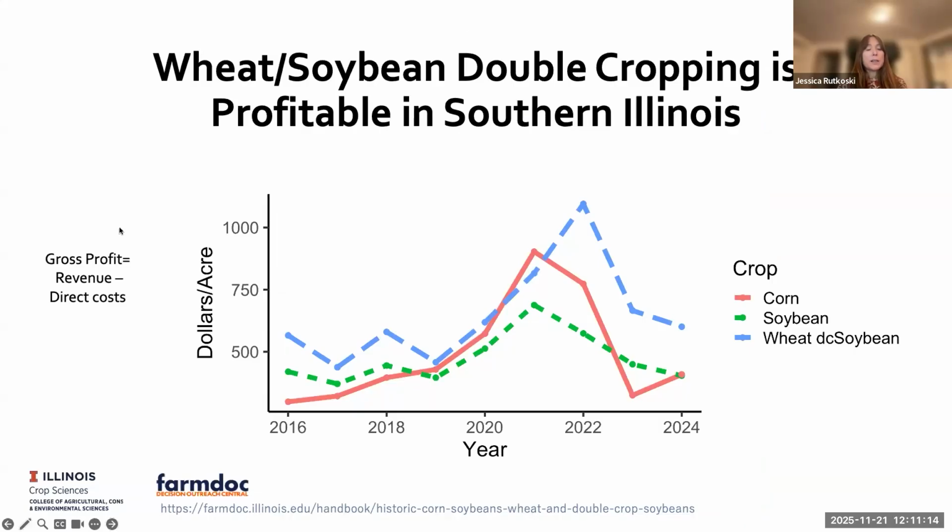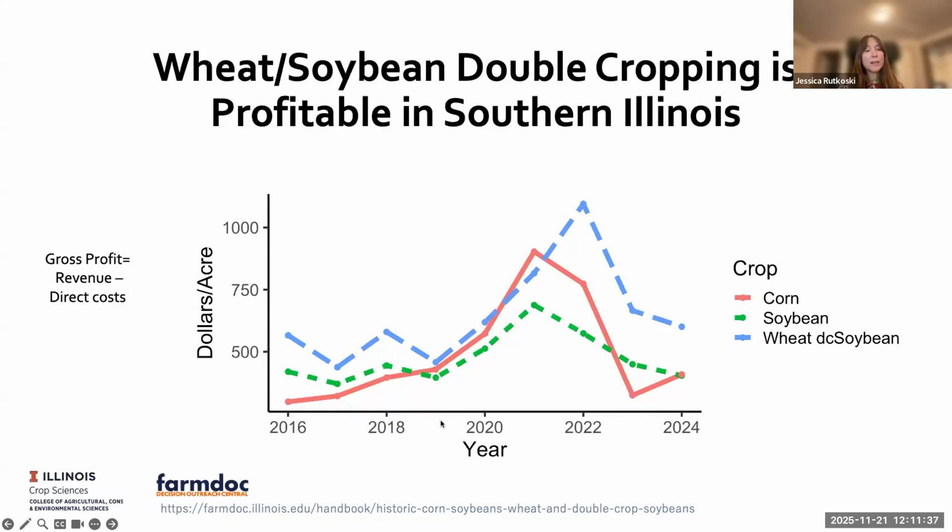So here, I'm explaining how wheat soybean double cropping is more profitable than other crops, specifically in Southern Illinois. Here is gross profit, revenue minus direct costs. Here we've got wheat double crop soybean in blue, and then other single crops shown, corn in red and soybean in green.